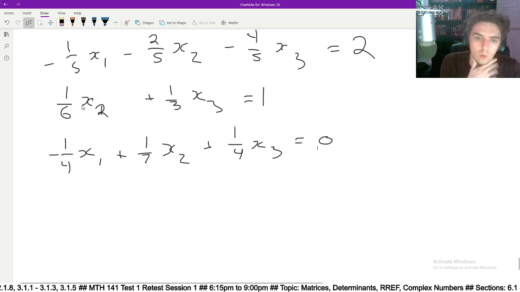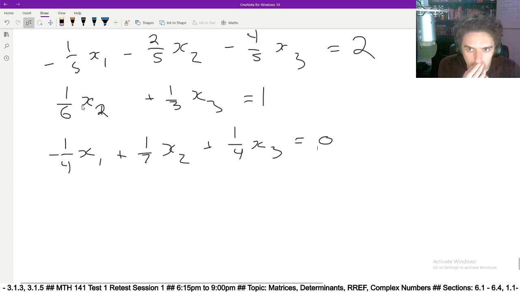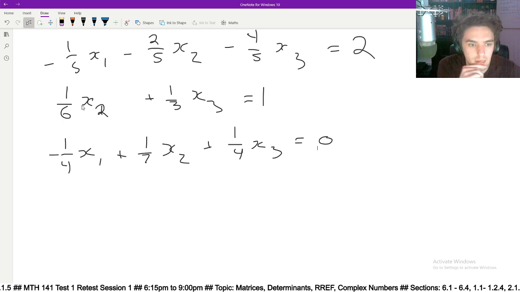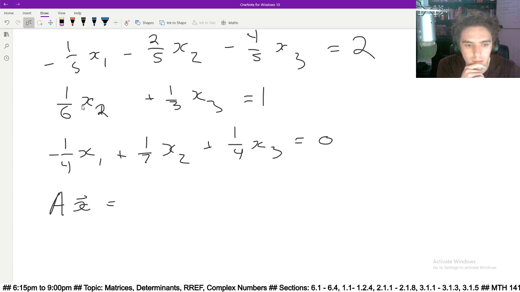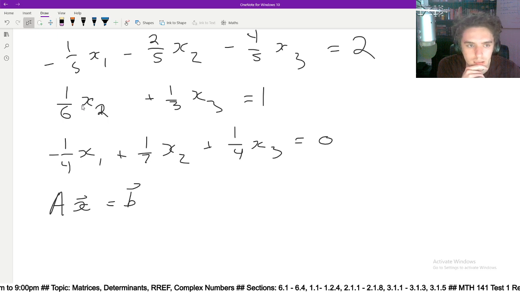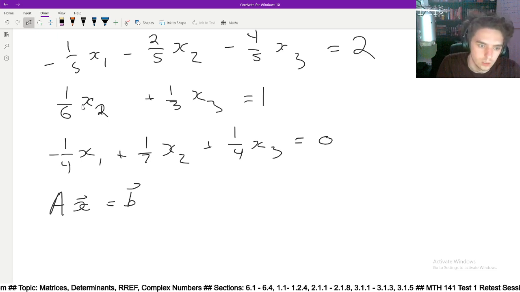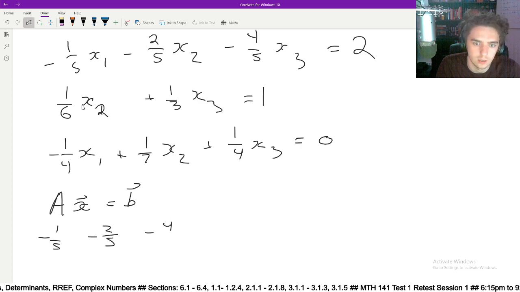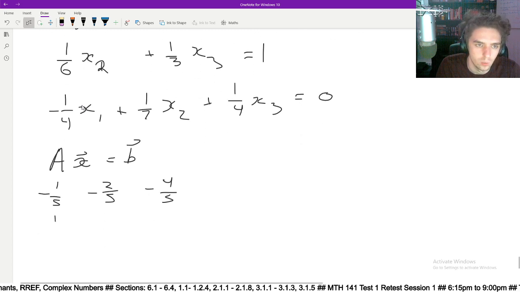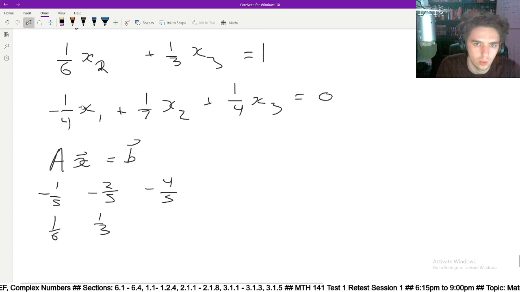Okay. Well, one way to write this whole equation is as a matrix of coefficients, A, times the vector of variables is equal to a vector of constants. So I could write that as 1/5, minus 2/5, minus 4/5, 1/6, 1/3, nope.